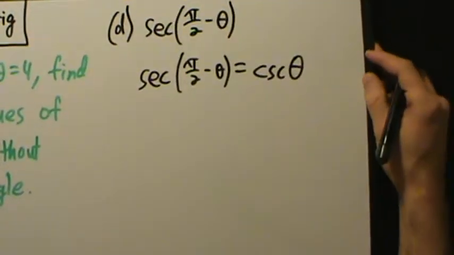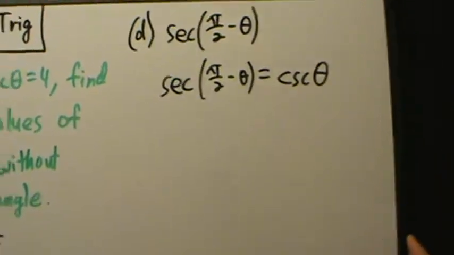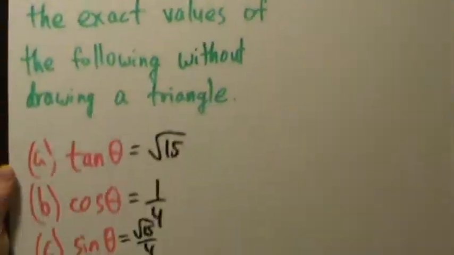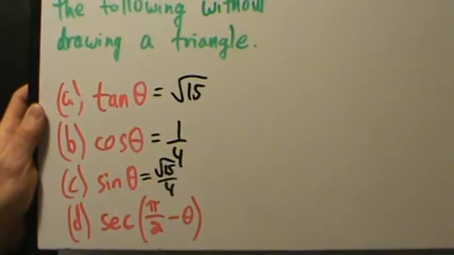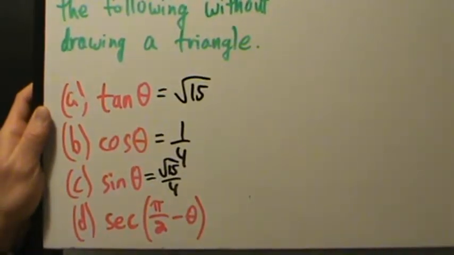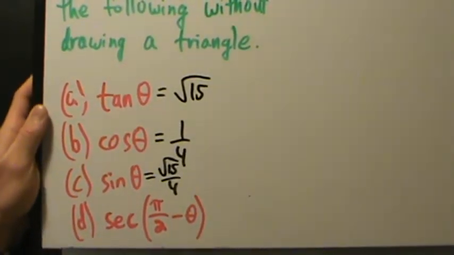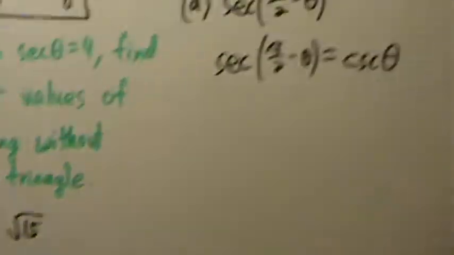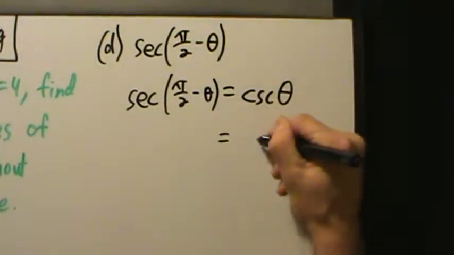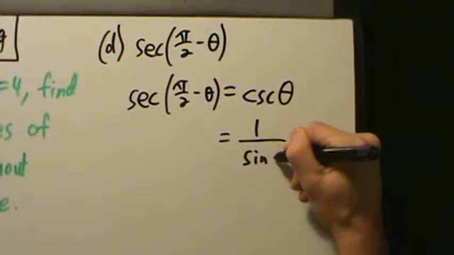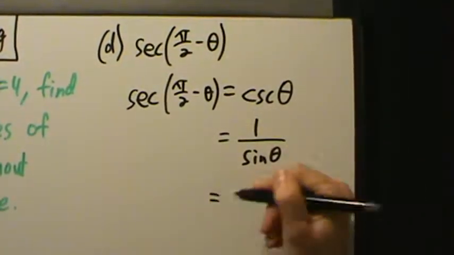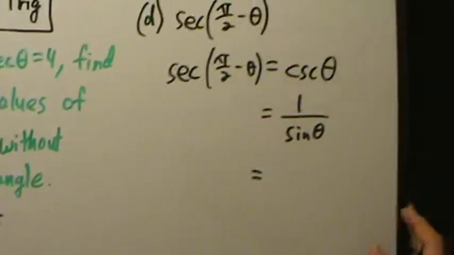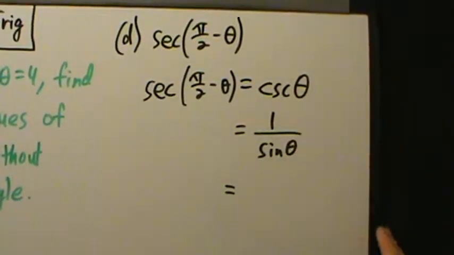Okay. Well, do we know the cosecant? Let's see, we have the secant, we have the tangent, the cosine, and the sine. So we don't exactly have the cosecant, but is that related to one of these guys that we know? Yeah, so remember our reciprocal identities? Cosecant of theta is the same thing as 1 over sine of theta. In other words, cosecant of theta is the reciprocal of the sine of theta.